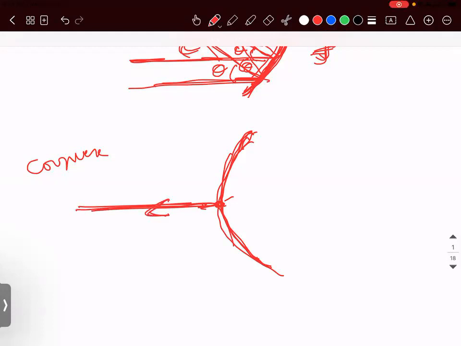Okay, here, let's say the ray is coming here. So what is the normal here? Can anyone draw? How to draw the normal here? Vijay, how to draw the normal here? What is the normal there? It actually diverges.